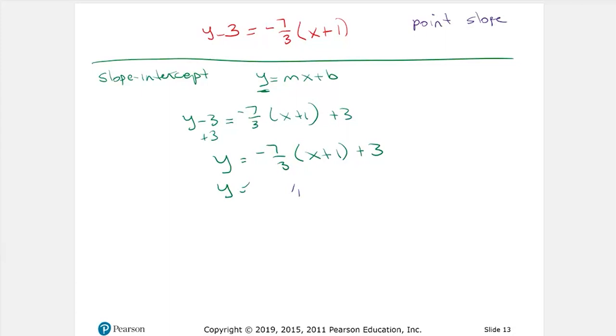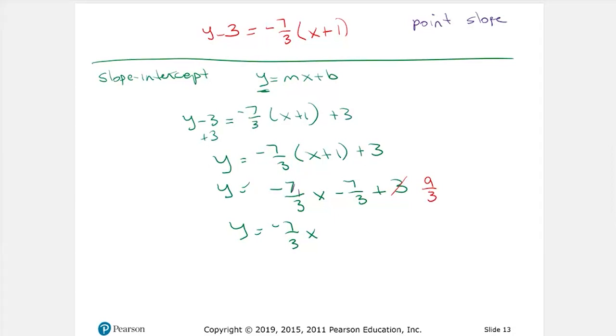Where it's coming from, okay. So I have -7/3 x minus 7/3 plus 3. So I just have to add. So I have minus 7/3 x, that's complete, but I'm going to change 3 to have a common denominator of 3, so that makes it 9/3, right?